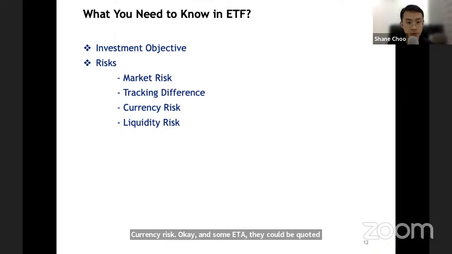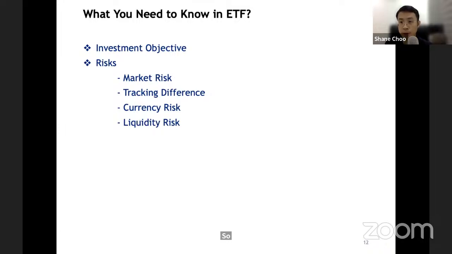All right, liquidity risk. Liquidity risk is where, when you want to buy the ETF, there may be insufficient liquidity in the market for you. But in Malaysia, the requirement is that all ETF issuers must appoint market makers to quote the bid and ask.